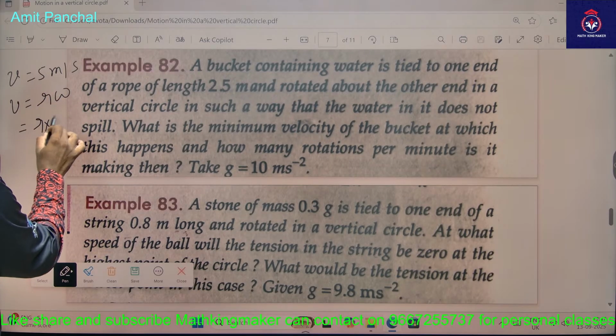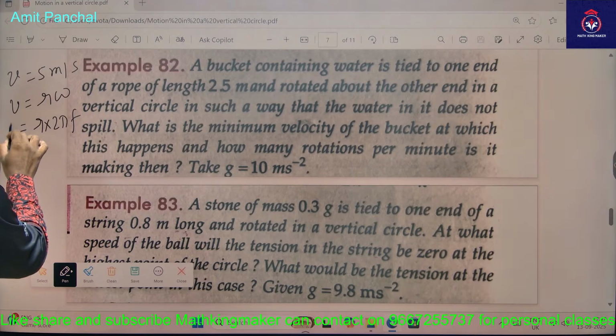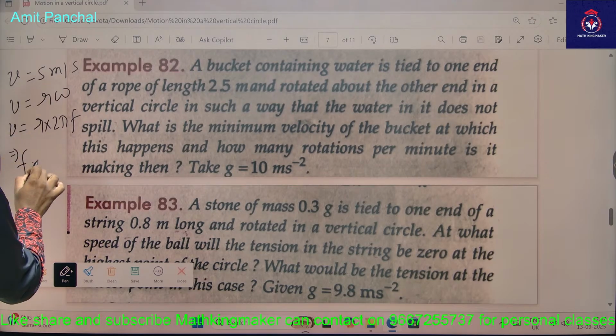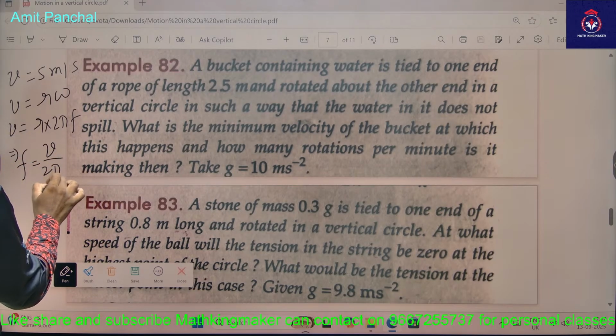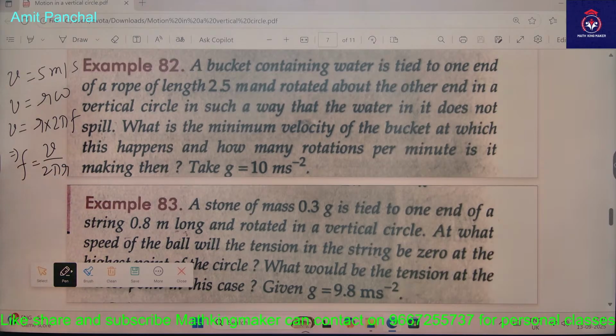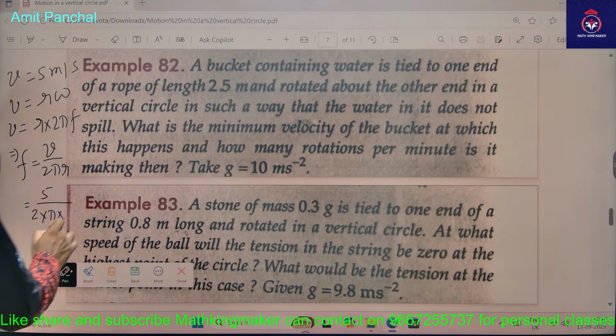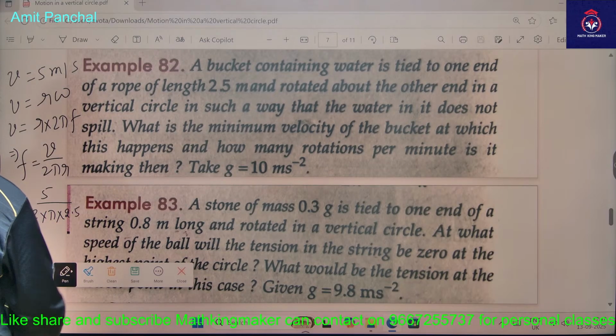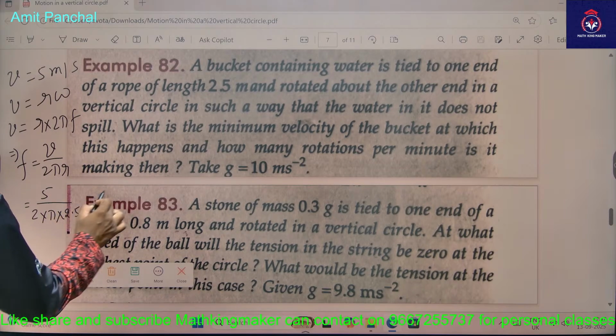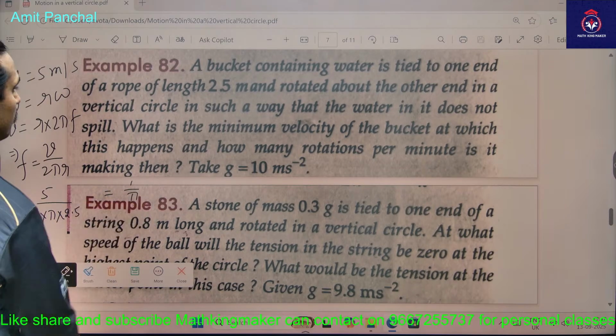Omega is 2 pi f. So f is V by 2 pi r. V is 5, 2 pi. What is R? 2.5 meter. So it is 1 by pi.